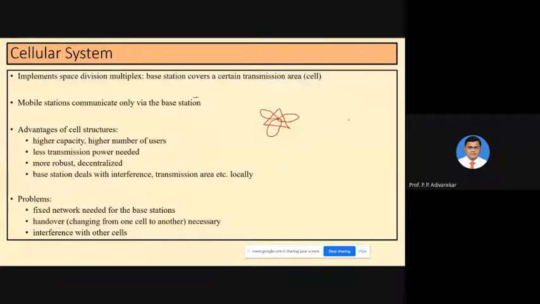The shape may be a triangle, but in case of a triangle, the amount of area which is not covered by the radiation will be something like this.